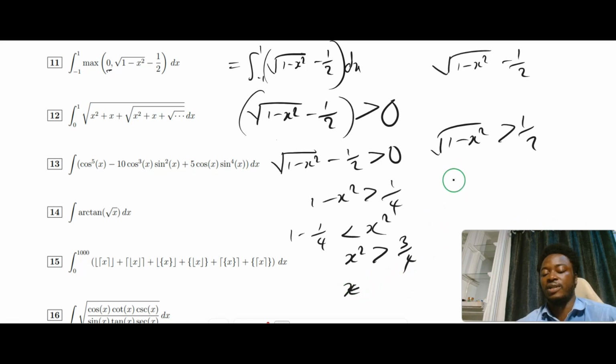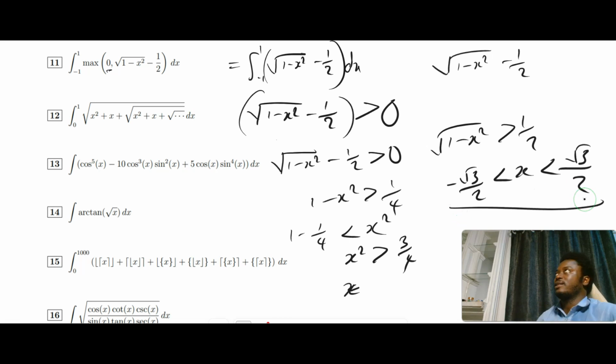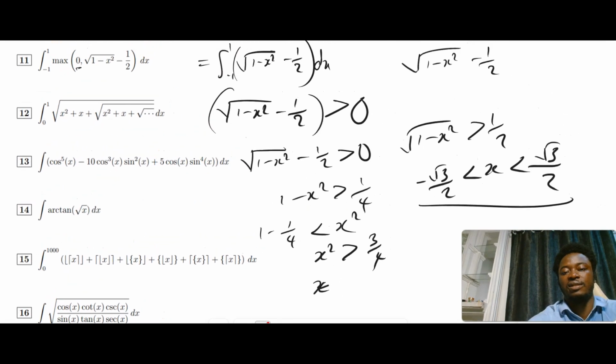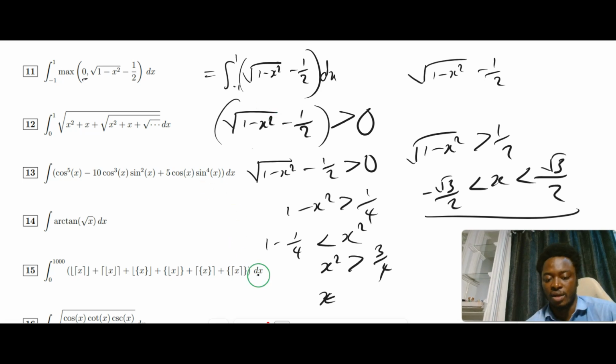From here you can get negative square root of 3 over 2 is less than x, which is less than square root of 3 over 2. So only when x is within this interval do we have this expression becoming positive. If x falls outside this interval, everything is negative. So we're going to configure this and say, okay, I think it's better to do this.